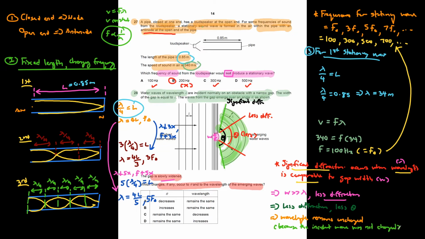Okay, wavelength will be the same before and after passing through the gap. Okay, so wavelength remains constant here. So in our case, which is the correct answer? The answer should be A. Theta decreases, but wavelength remains the same. All right. So that is for question 28.